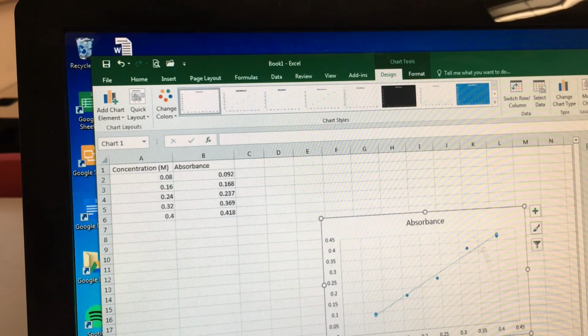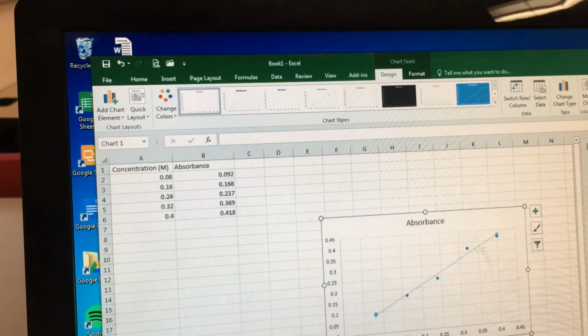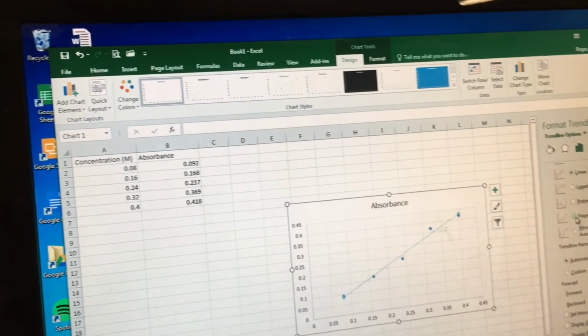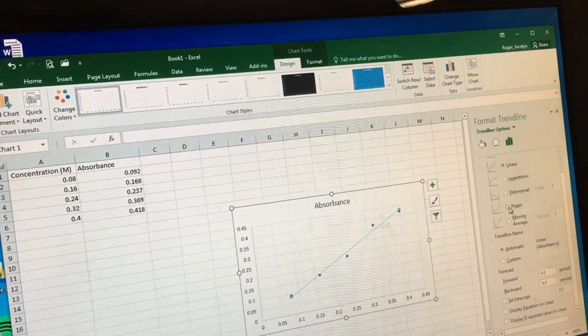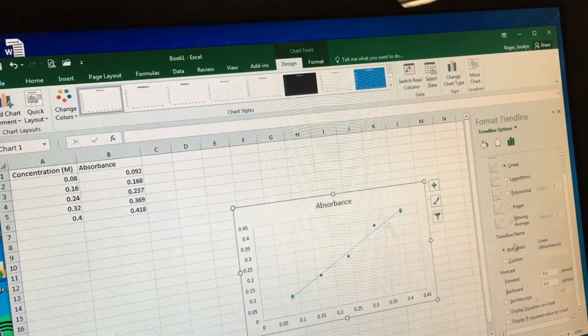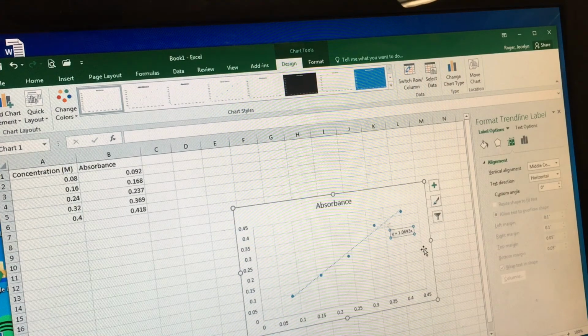And in the trend line menu, we're going to set the intercept at 0, 0. And display the equation of the slope.